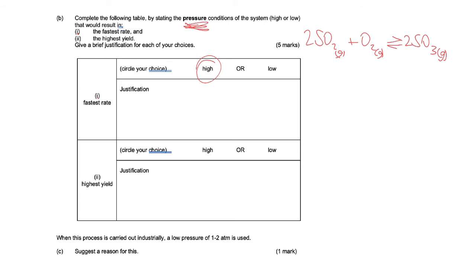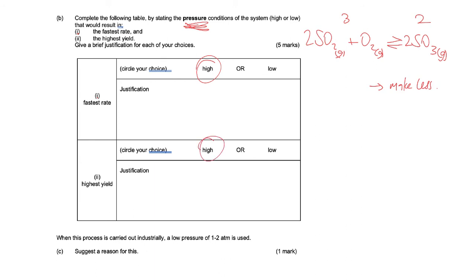Then in terms of highest yield, this side makes 3 particles, this makes 2 particles, so the forward reaction makes less, which means it's affected more, so you want to increase that so that it's increased more, so you want a high pressure.